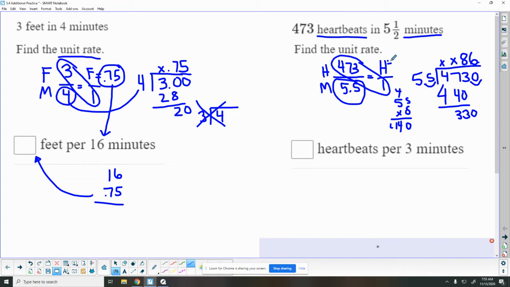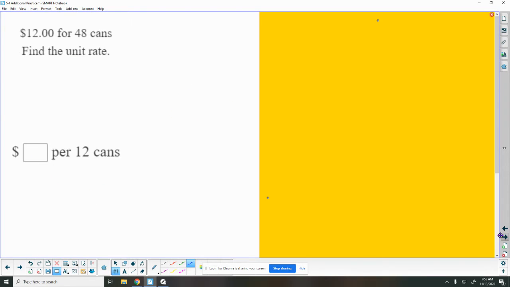So every 1 minute means we're having 86 heartbeats. And now it wants to know how many heartbeats in 3 minutes. So I can take my unit rate here and multiply that by 3. I do 86 times 3. That will tell me how many heartbeats in 3 minutes. Remember, the number that's alone goes on the outside. That's what we're dividing by.